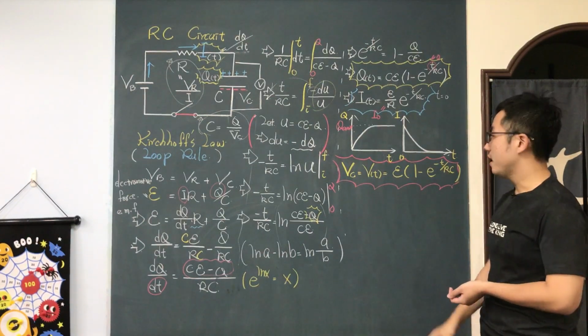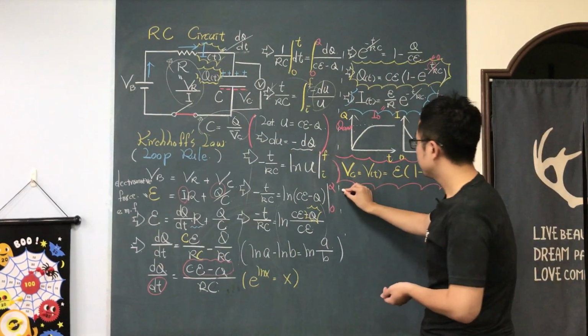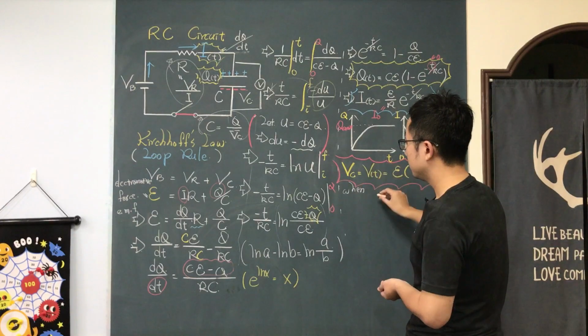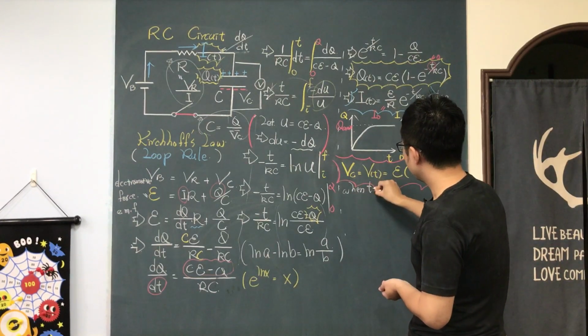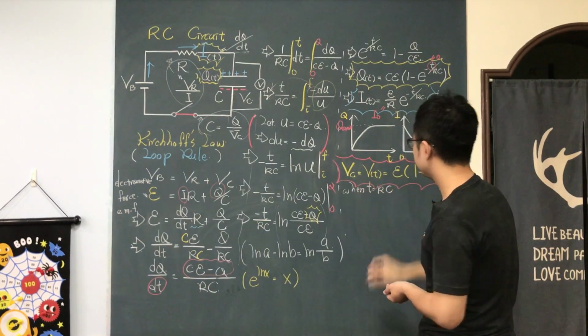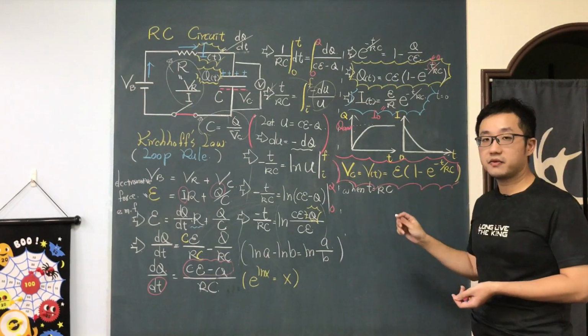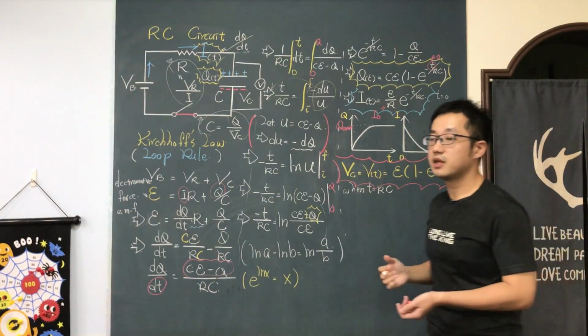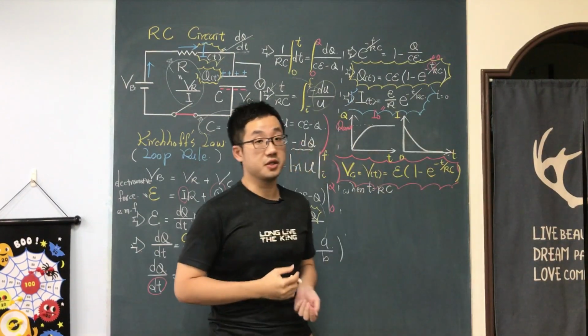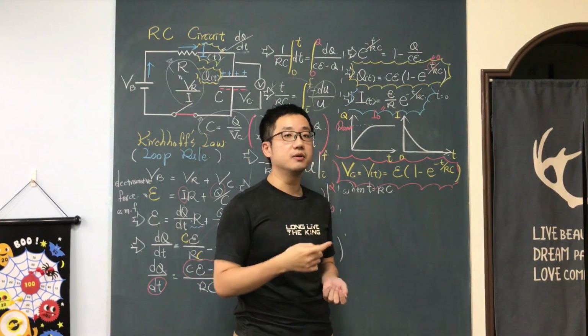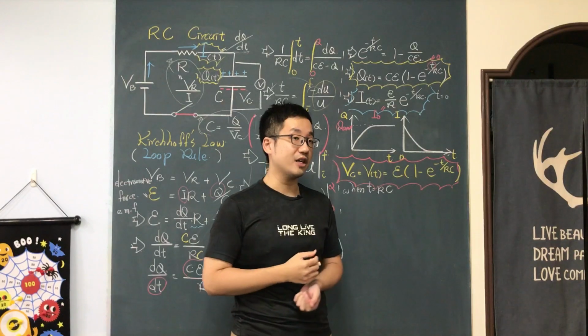So let me tell you something. Actually, when t is equal to RC, this basically reveals something physical. It reveals something really physical because it tells you how long you should take to fully charge a capacitor.